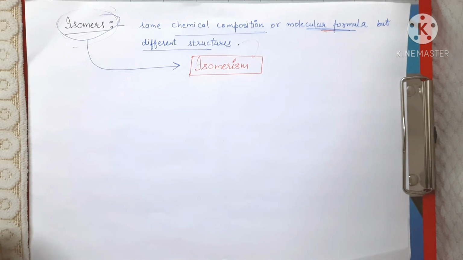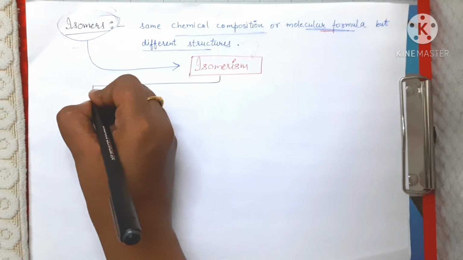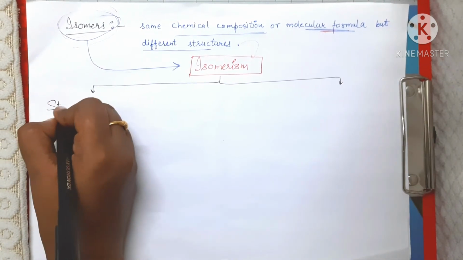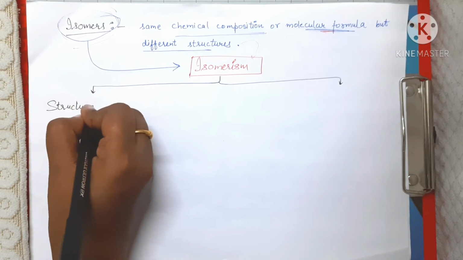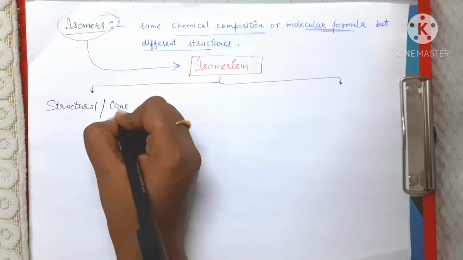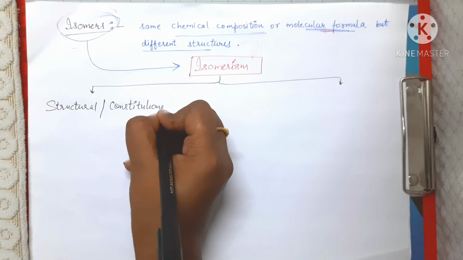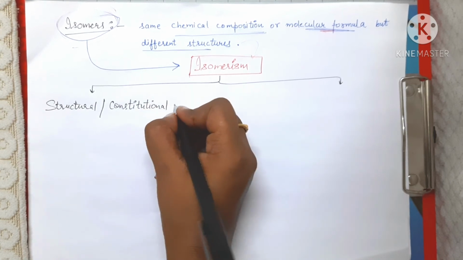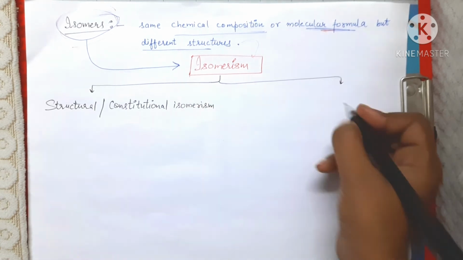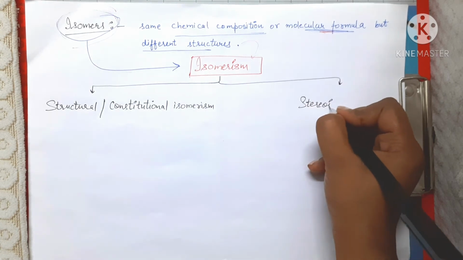So broadly, if we divide the category, there are two types of isomerism. First is structural, also called constitutional isomerism. And second is stereoisomerism.